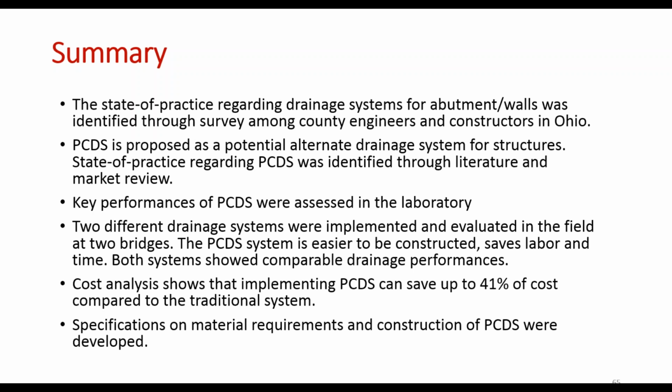We also mentioned the upper bound, where you need replacement, which will cost you similarly to the traditional method. Draft specifications on the material requirements as well as the construction processes are developed, in the hope that they can serve as a basis for ODOT to move on to the next step.